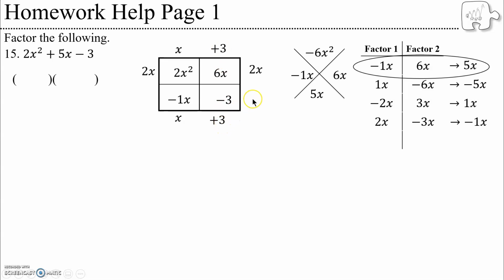And 3 times what is negative 3? Negative 1. So there's a negative 1 here. Remember, this row has to be negative because they're both negative. So there we got our answer, our length and our width: 2x minus 1 and x plus 3. Fill it in there, and we got our answers.